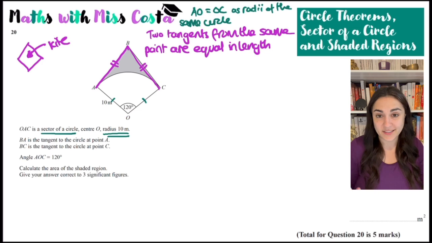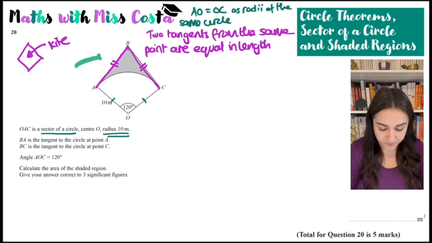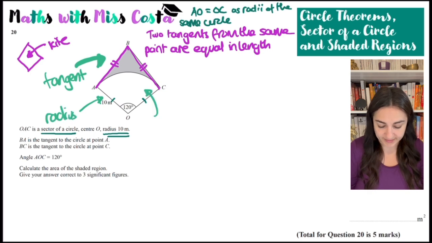What else do I know? Well, if I start to label my diagram, I know that this is a tangent. I know that this is a radius, and this is, what's it called? An area, a sector of a circle. So sector of a circle.